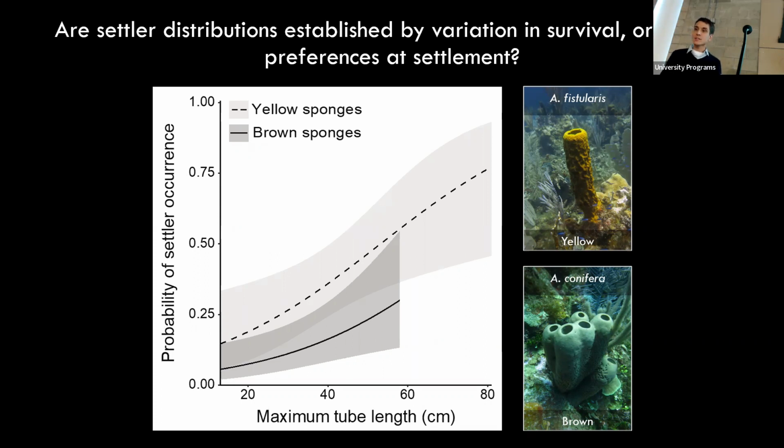And so we were interested in determining whether the distribution of settlers on sponges was determined by variation in their survival on these different sponge species, so maybe they survive better on yellow sponges, or by habitat preferences at settlement, so maybe they're choosing yellow sponges when they settle.